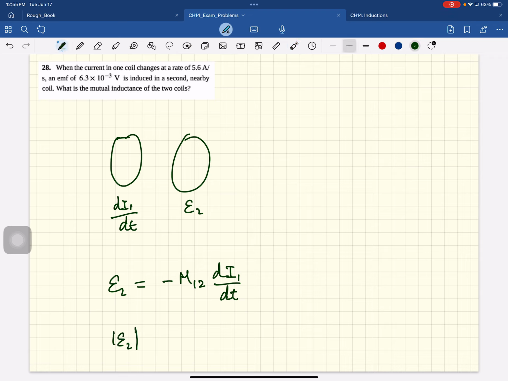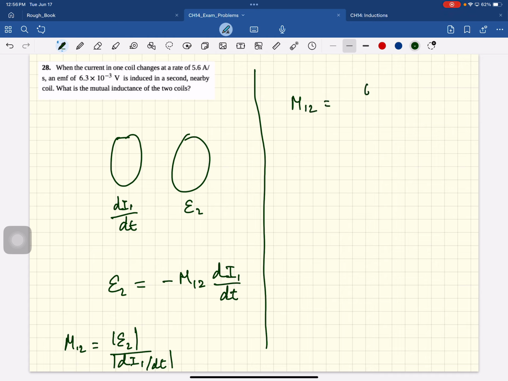Okay, so here we'll just do this. M12 is the EMF over di1 by dt. So the magnitude of the proportionality constant is 6.3 times 10 to the minus 3 volts divided by 5.6 amps per second. And volts second per amp, what is that combination called? It's Henry.